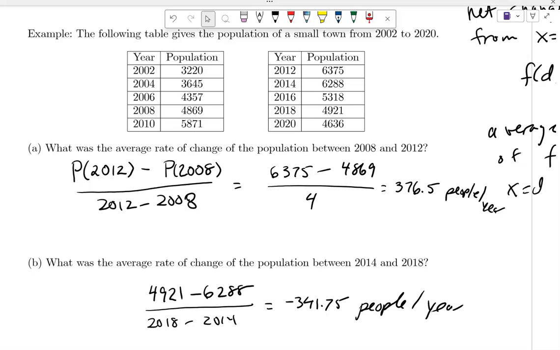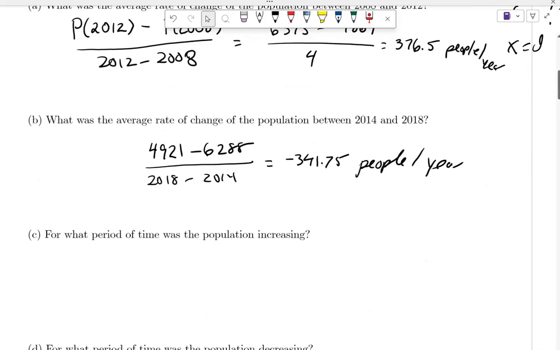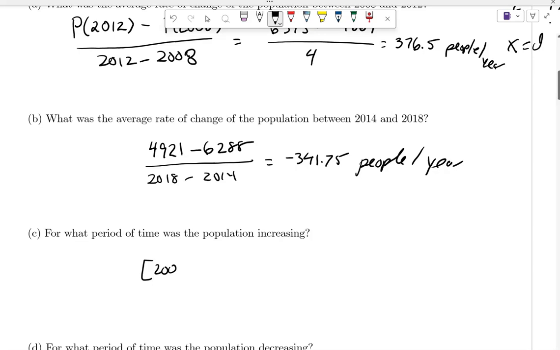Just looking at the outputs in the table, here to here is bigger, bigger, bigger, bigger, bigger, and then it goes smaller, right? So 2002 to 2012, usually we use parentheses for our interval notation. Oops. For increasing.